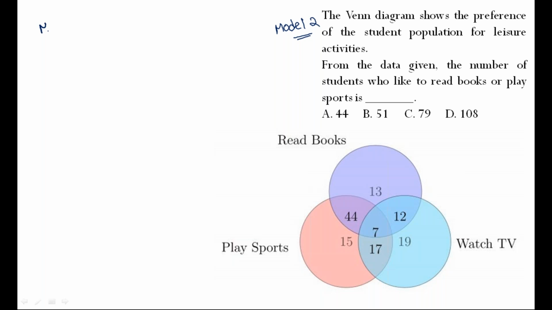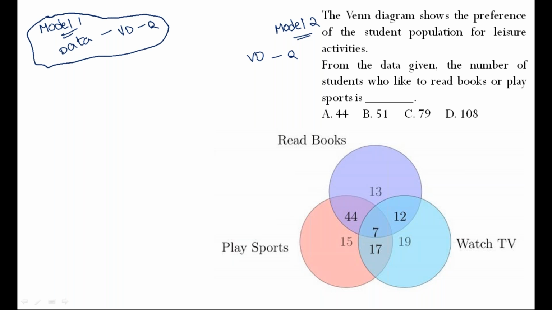They give some data, from that data you should draw a diagram and then answer the questions. Model 2 is they give the diagram in the question and we should be ready to answer that. So the diagram we have to develop in model 1.